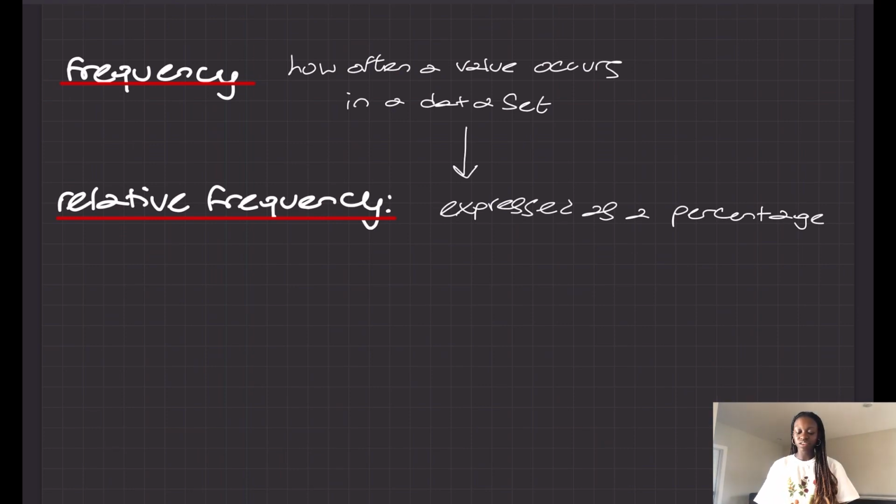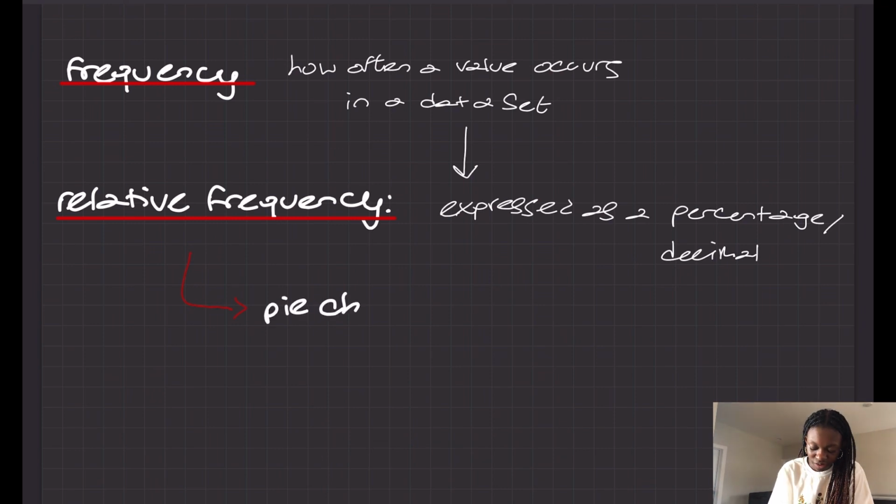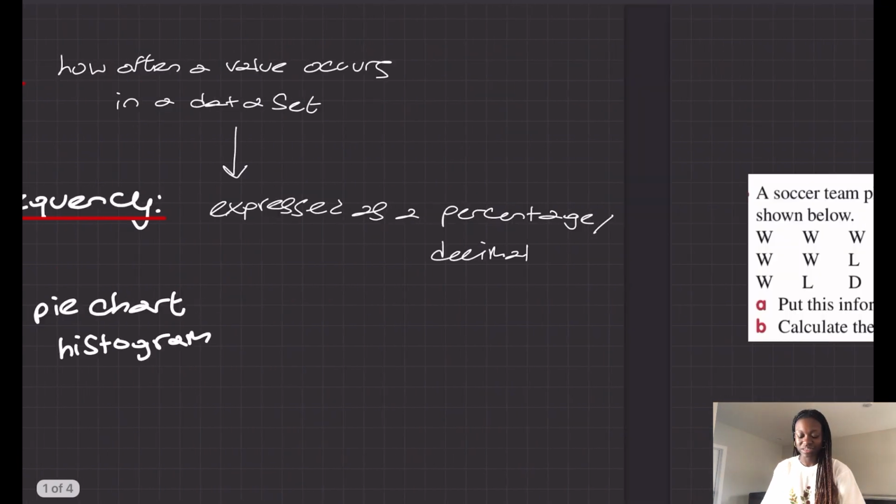So how often the value occurs in a data set, but expressed as a percentage or a decimal. And that is relative frequency. And then relative frequency is most often converted into a pie chart, but it can also be converted into a histogram as well. And we'll talk about those in a little bit.